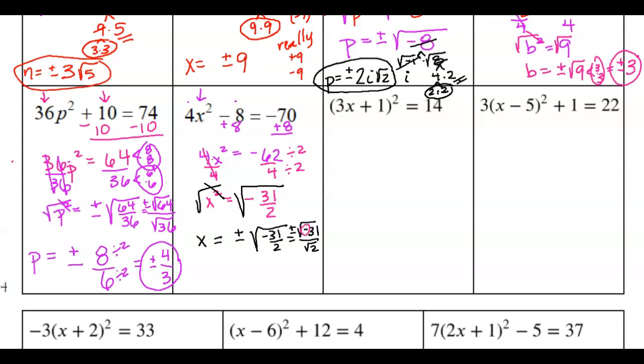This negative, which remember, I can just bring an i on the outside. And then back in quarter 1, we learned about rationalizing. So we're not allowed to leave a root in the denominator. So I call it move it up and out, because I'm going to multiply by root 2 on both sides, top and bottom.